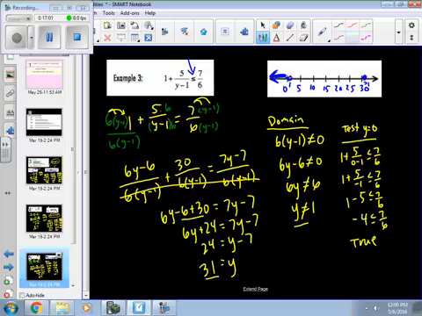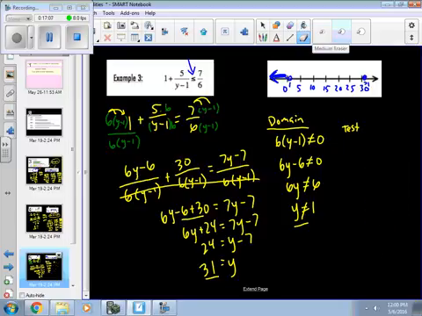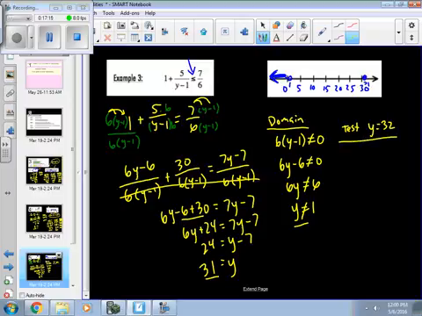So let's test another point here. 0 came out to be true. Let's test a number bigger than 31, such as 32. Let's test y equals 32 and see what happens. So what do we get if we put 32 in place of y? Well, if we subtract that, that's 31.